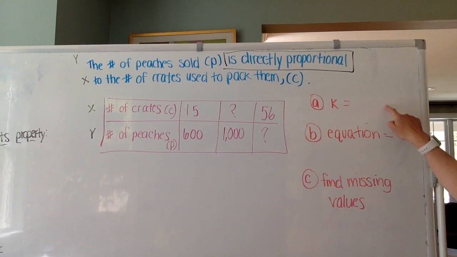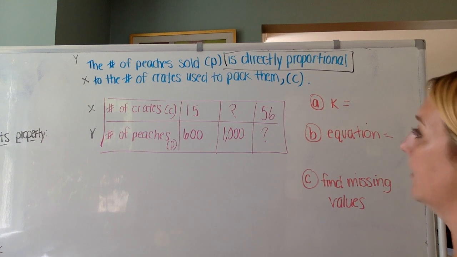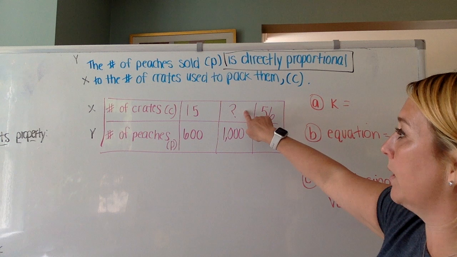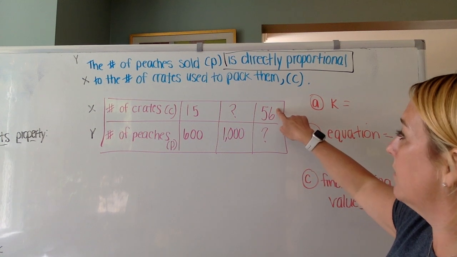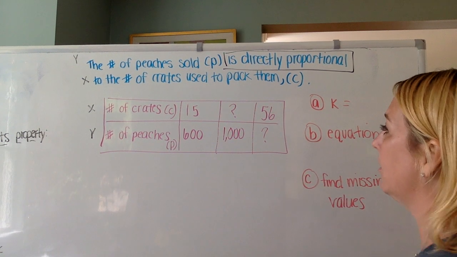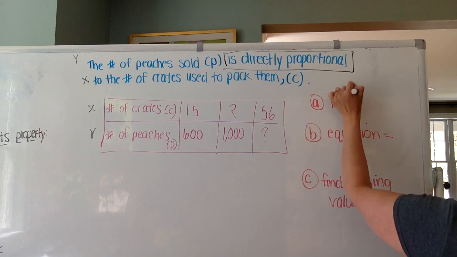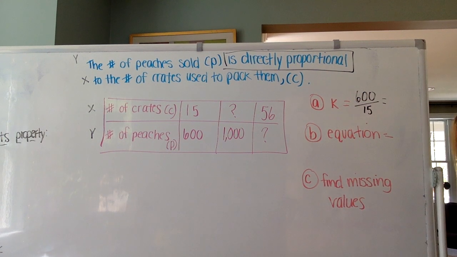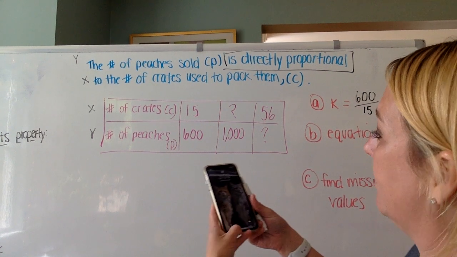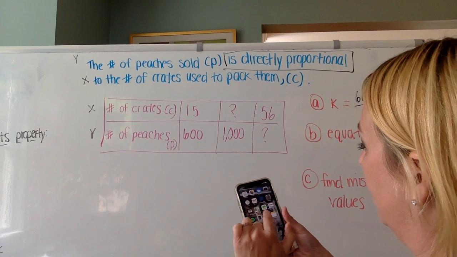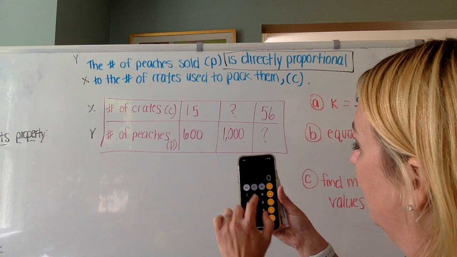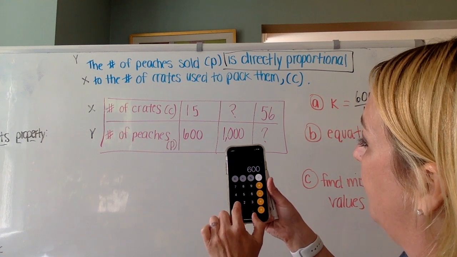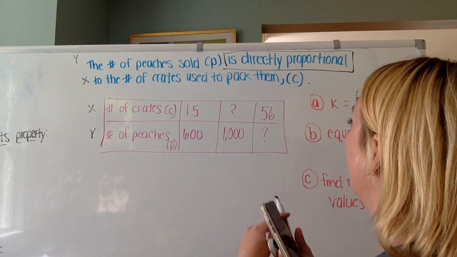So the first thing it asks us to do is find our K, our constant. This is the only one where we're offered both, right? I can't use this one because I don't have an X term, and I can't use this one because I don't have a Y term. So I'm going to use this one, 600 divided by 15, which means our constant is 40.